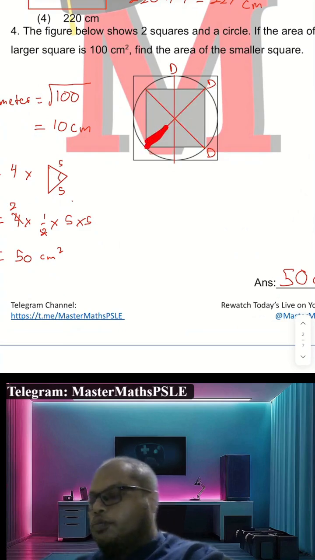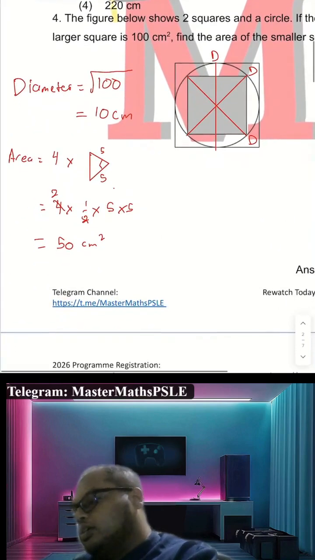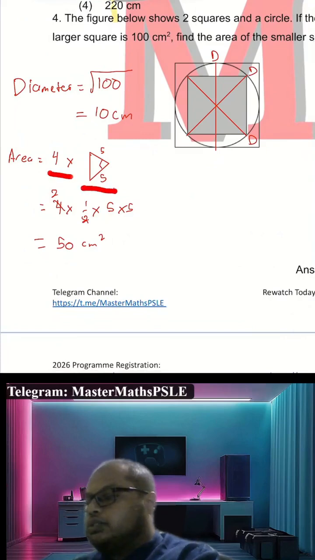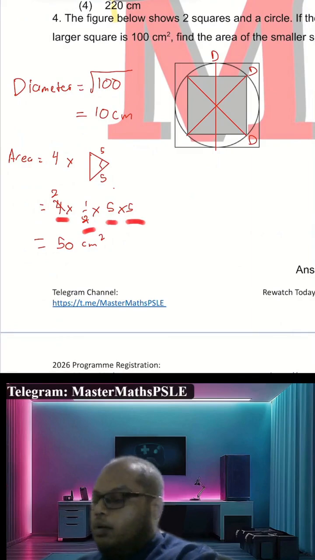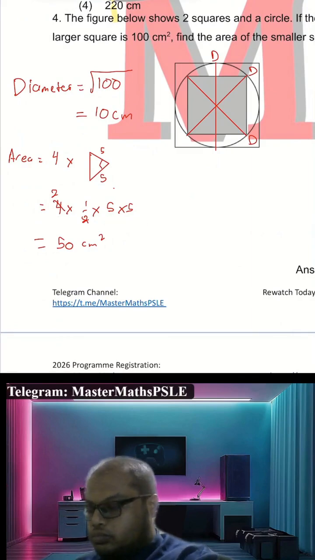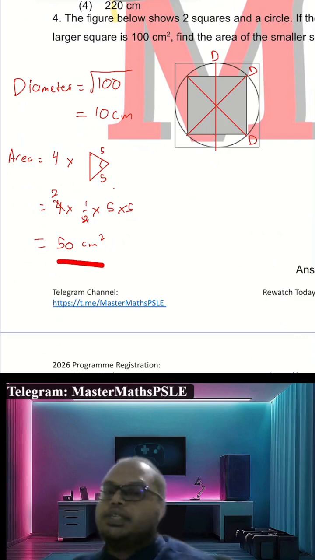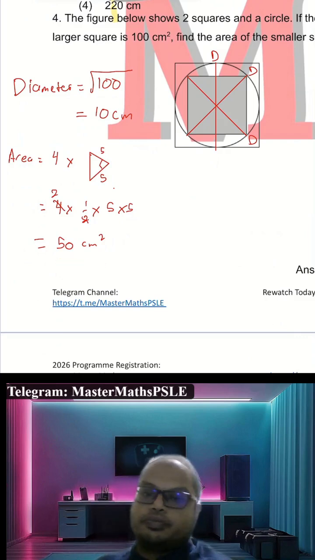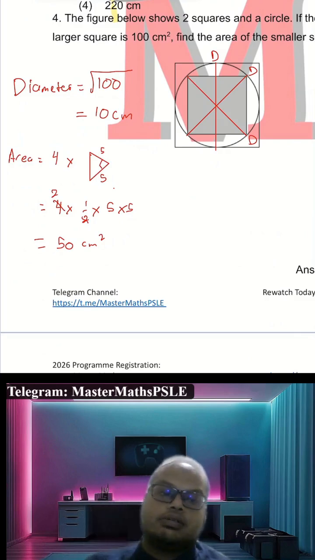So each of these is 5 cm. So it's 4 times of each of this triangle. So 4 times of half times 5 times 5 equals to 50 cm square. Okay, cut into 4, form a triangle.